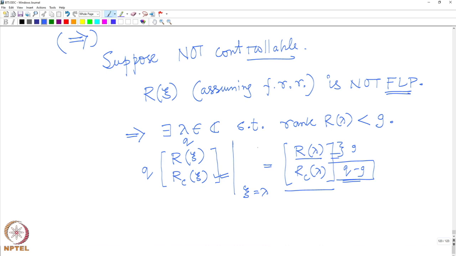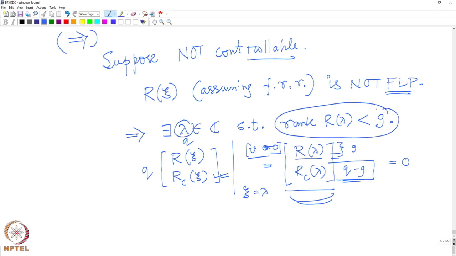In other words, I can always find a constant vector here and pad it with zeros, so that this is equal to 0, which means there is something in the left kernel. So obviously this cannot be full rank. And I was able to do this for every lambda for which this is true. That means all those lambdas for which the rank was falling will immediately show up here no matter what controller I put.